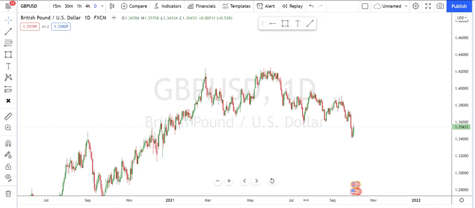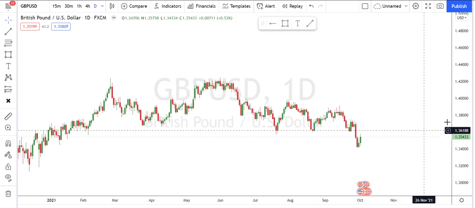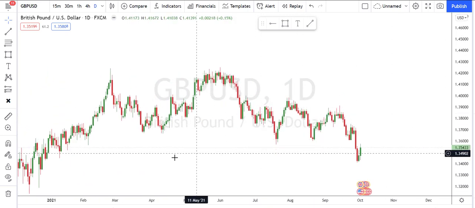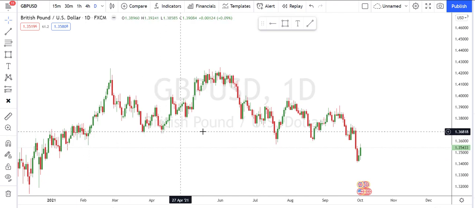And if we look closely right here, we can see that price created a kind of support in this area.